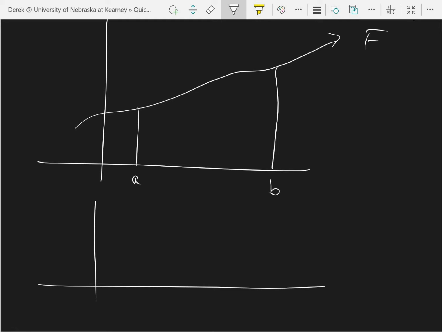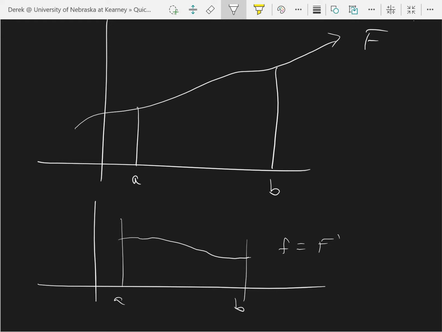It starts out increasing kind of fast, and it slows down in here, and say this is little f, which is equal to F prime, from A to B.